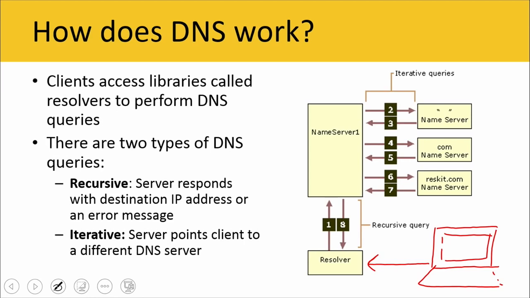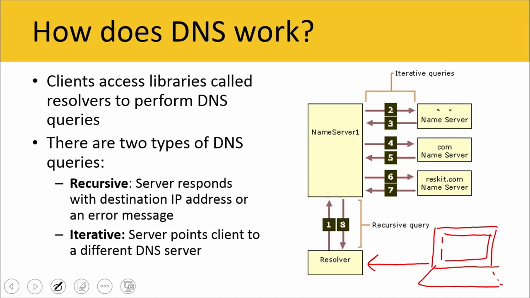They do so by making recursive queries to name servers, right? And this name server might be located at your internet service provider, somewhere locally close to you. And so that resolver expects to see a response with either the destination IP address, like the IP address for Bing, or an error message saying, I cannot find the IP address for this specific name, okay?